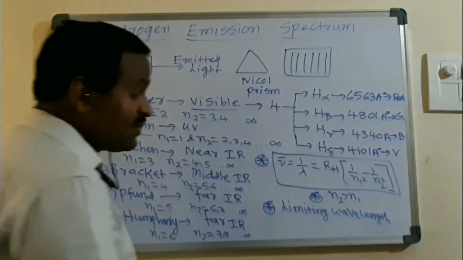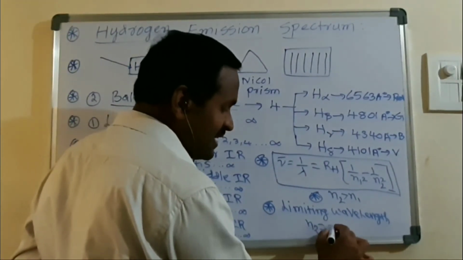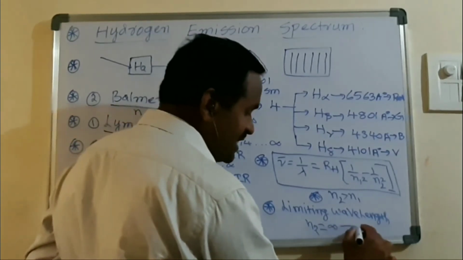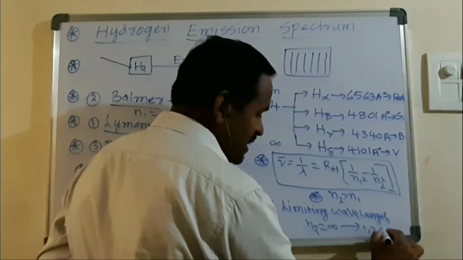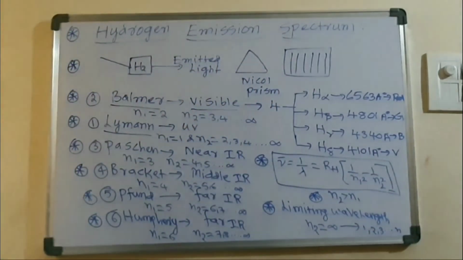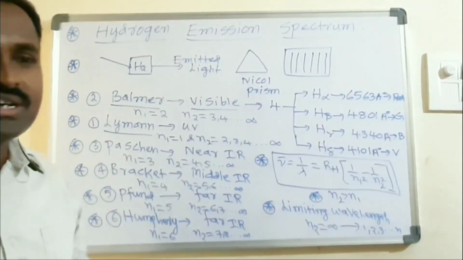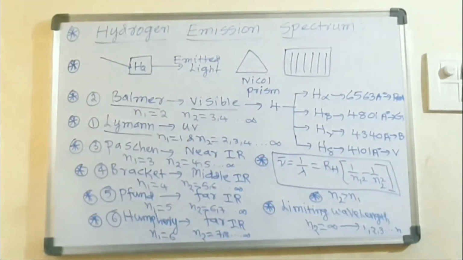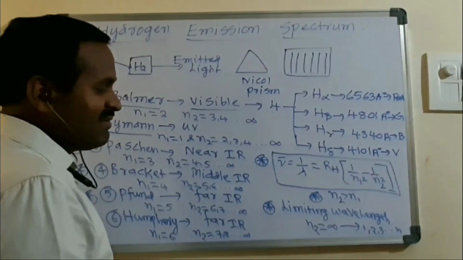But if N2 value in the Rydberg equation is infinity, and the electron goes from infinity to any one like 1, 2, 3 and so on up to n, that de-excitation gives rise to some spectral line. This spectral line wavelength is called the limiting wavelength.